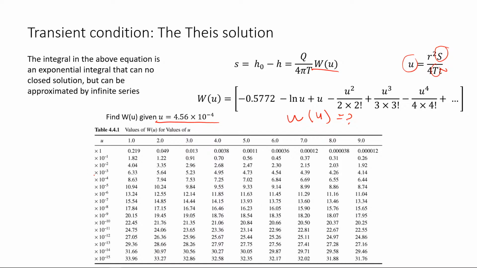Again, you go to 10 to the power minus 4, and then this is 4.5 to 5, so that would be something in between these two. So basically you interpolate between these two. Let me show you.